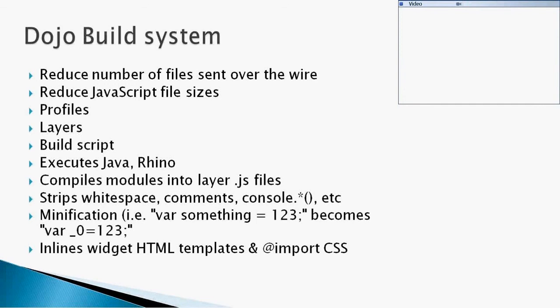In fact, we have talked about most of this, like why we use a build system: to reduce the number of files and reduce the JavaScript file size. It removes white space, comments, and all the console statements, because in production you obviously don't need them. It does minification also.